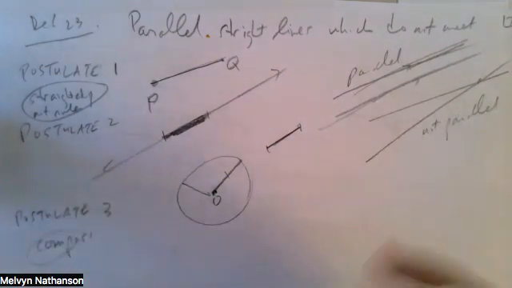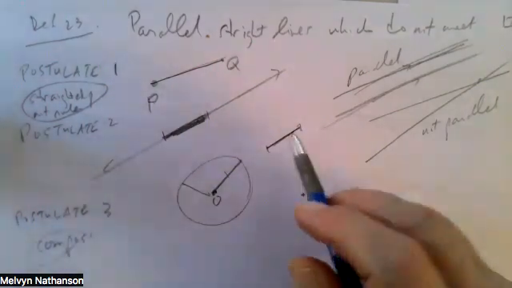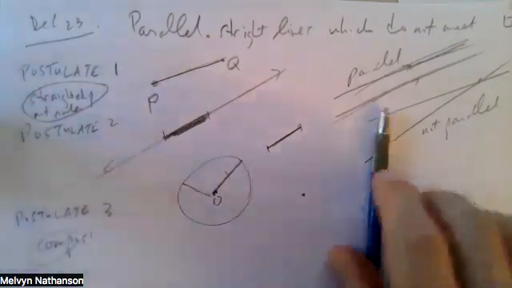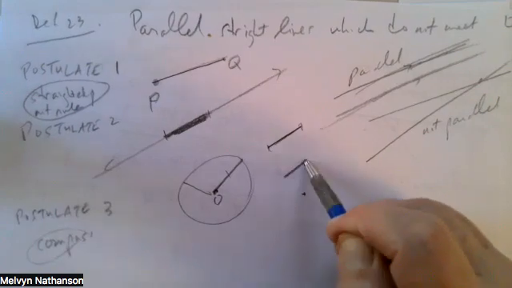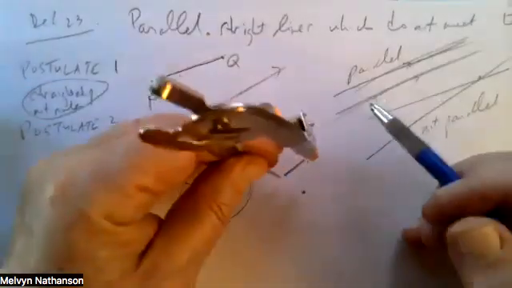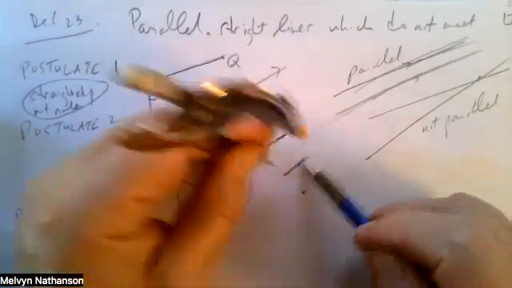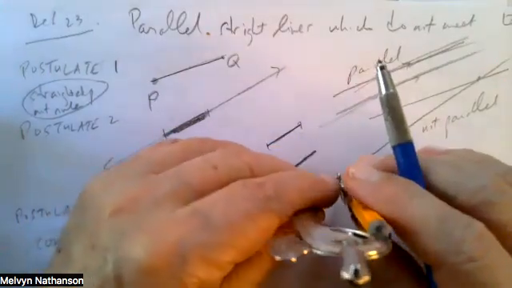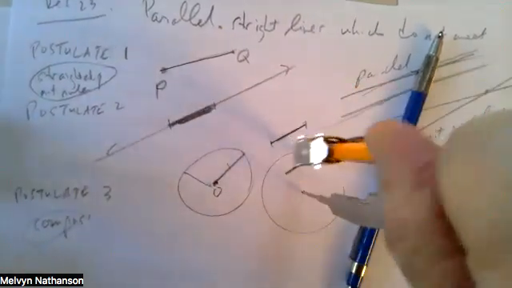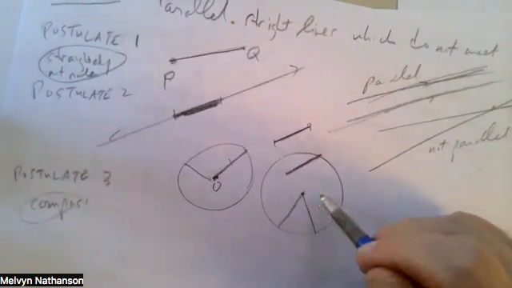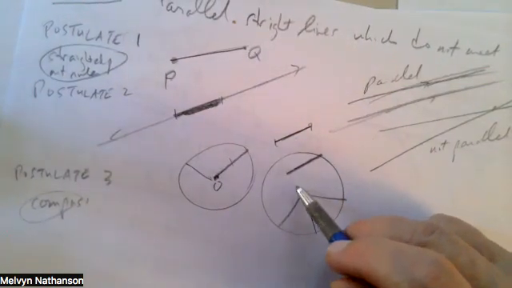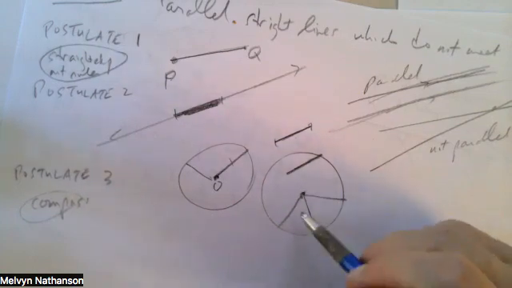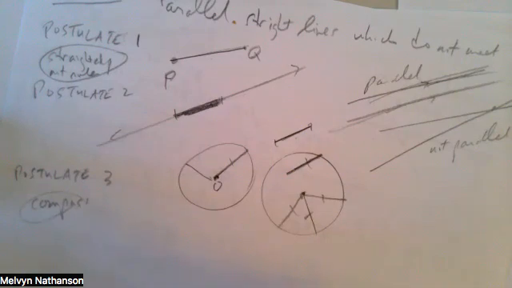I can take any point as a center, and if I had a line segment, I can draw a circle with my given center. And every radius, every line from the center to the circle, they all have the same length as the line I started with.